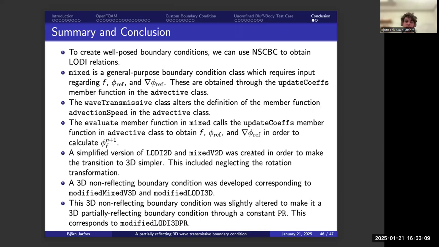This included neglecting the rotation transformation. A 3D non-reflective boundary condition was developed, which corresponds to the modified Mix 3D and modified Lodi 3D codes. And then it was further elaborated with a partially reflective formulation.